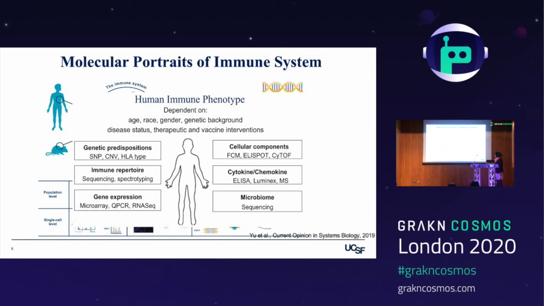And then, as you may know, that human phenotype depends on the age, race, gender, genetic background, and from a single person, a single participant, you can get all this data.